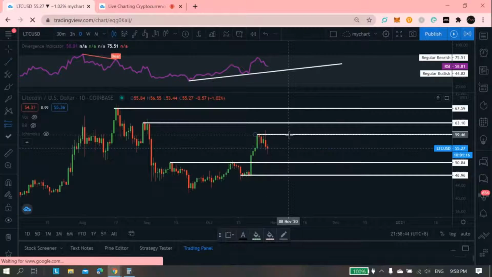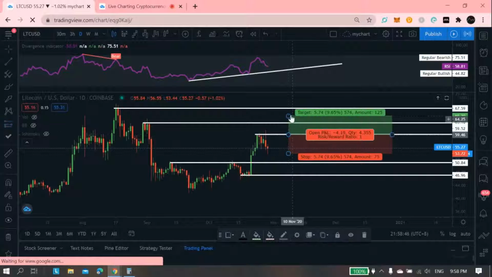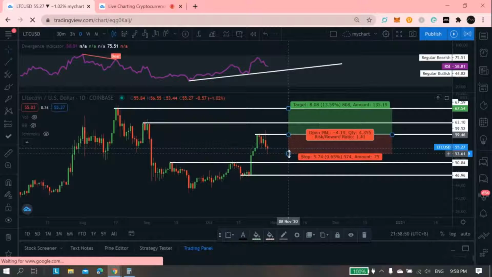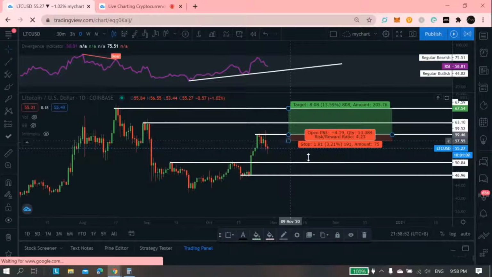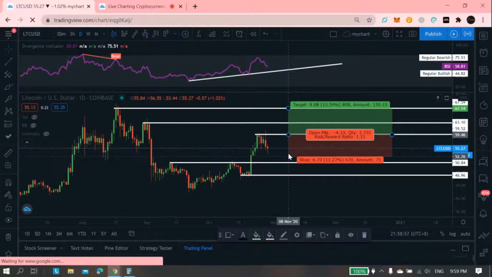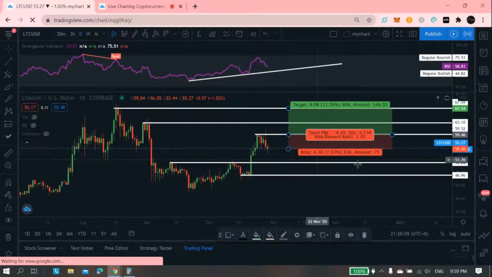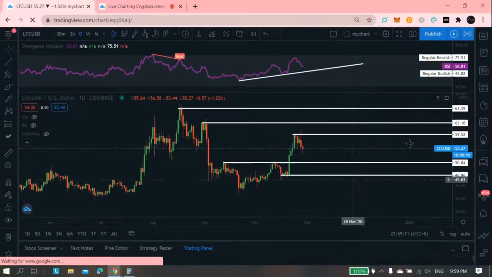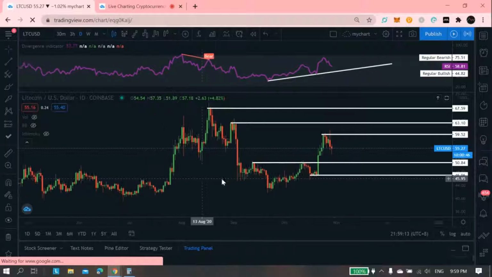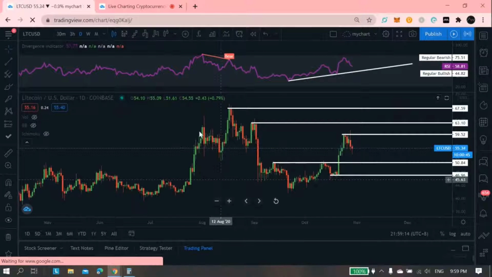If I go long at breakout at this area around the 60 area, that's 1.85. That's 1.85 only. So yeah, I think I'll just wait and see for this Ethereum.